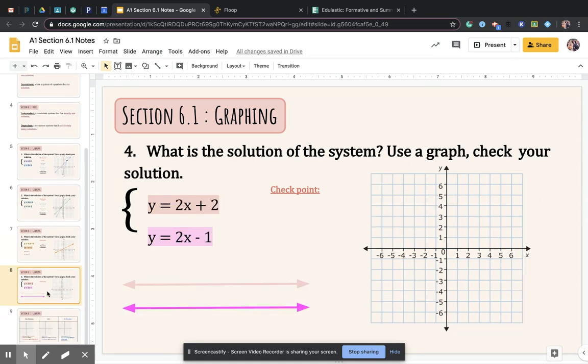Then for the last one, both in slope-intercept form, the first one is starting at 2, and our slope is up 2 over 1. So up 2 over 1. Let's bring it down. So down 2, left 1.